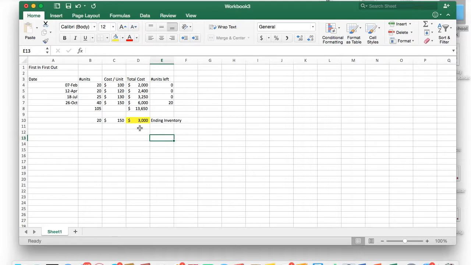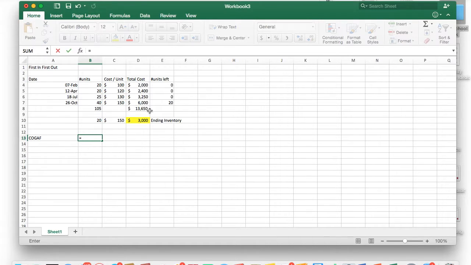Now next what we have to do is find the cost of goods sold. So what we will do is take this number here and subtract our ending inventory, giving us the cost of goods sold.